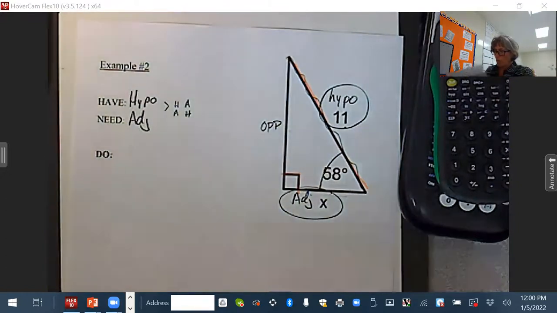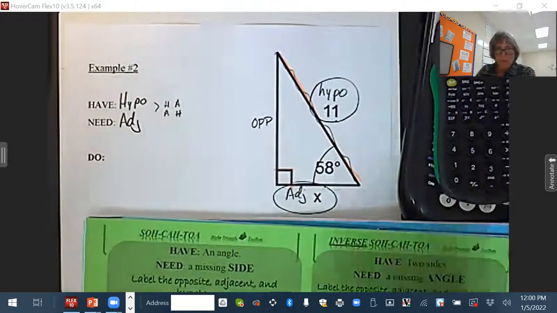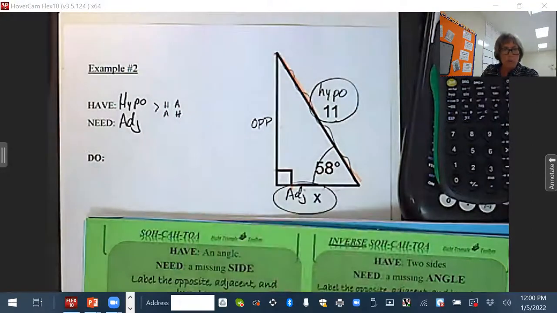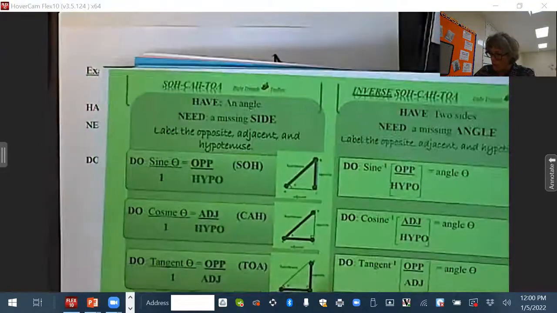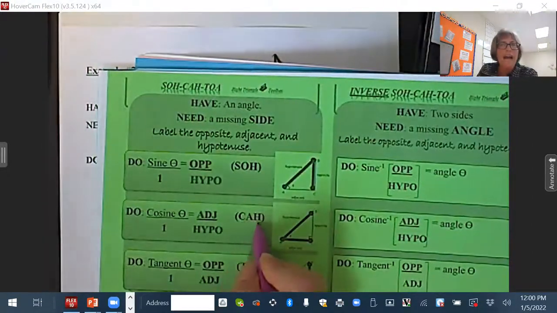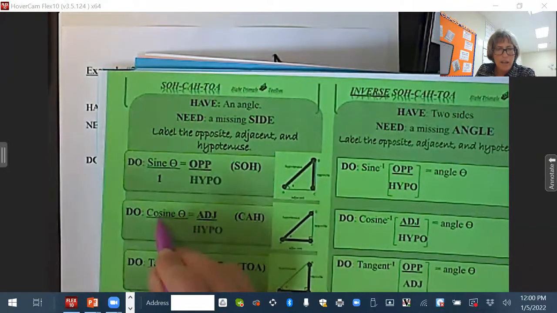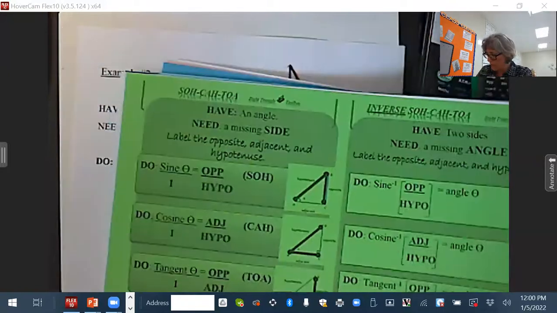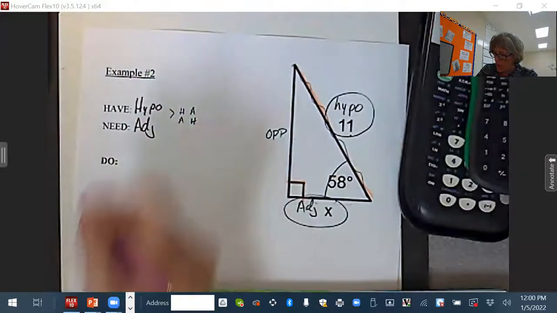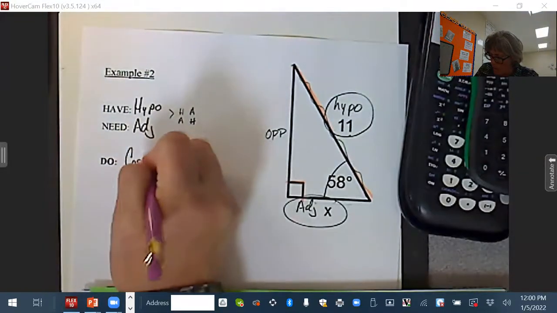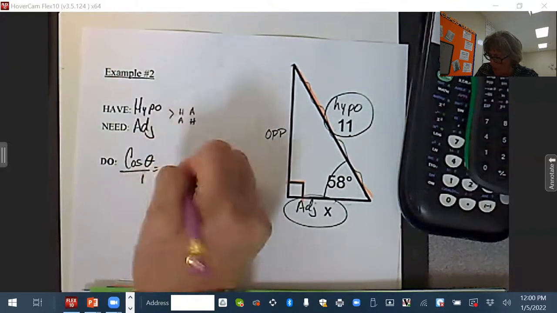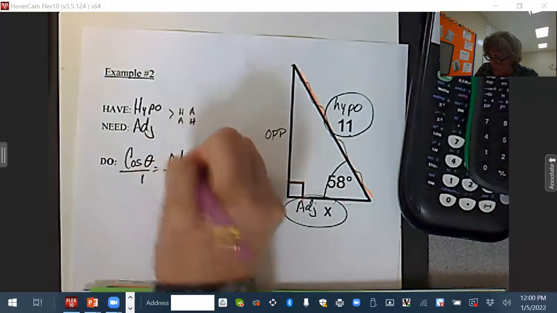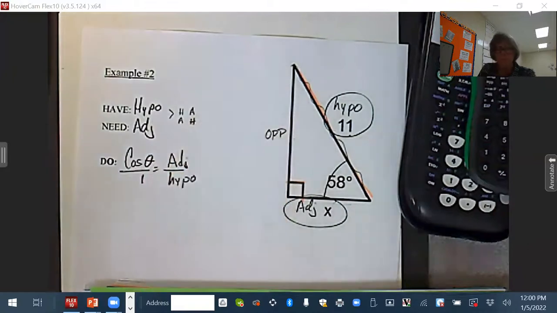So here we have an AH combo. You go here on the chart. What goes with AH? Ka! And you copy exactly this down. Cosine of theta over 1 equals adjacent over hypo.